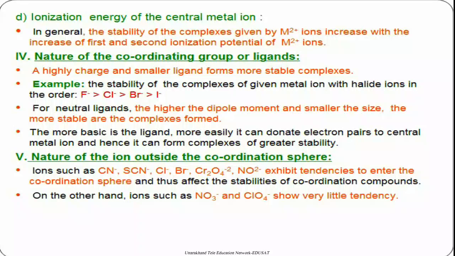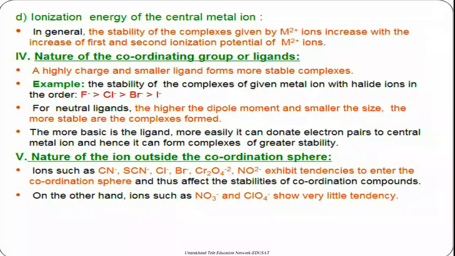For example, the stability of complexes of given metal ions with halide ions: the fluoride ion will form more stable complexes than chloride, bromide or iodide, and the stability of the complexes will be in this order.